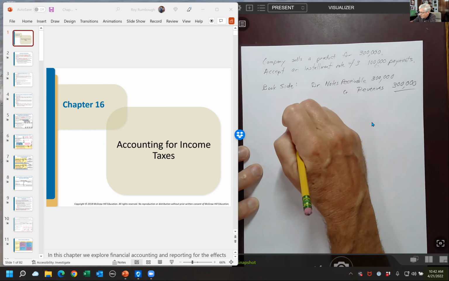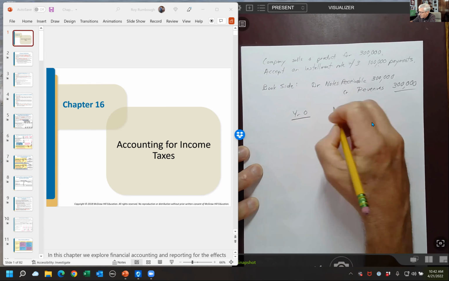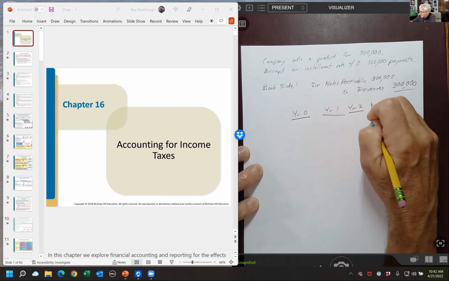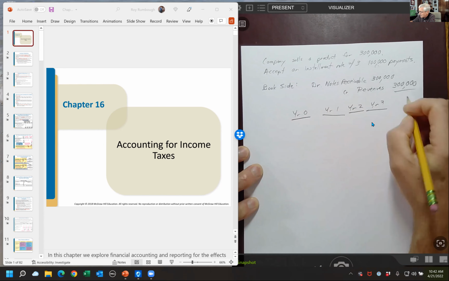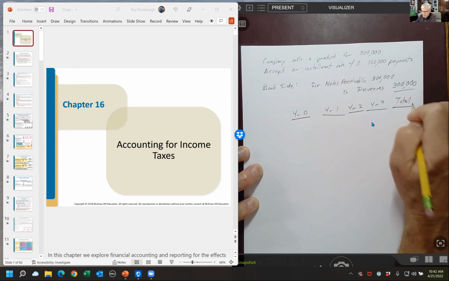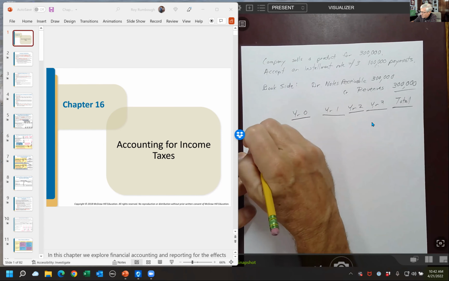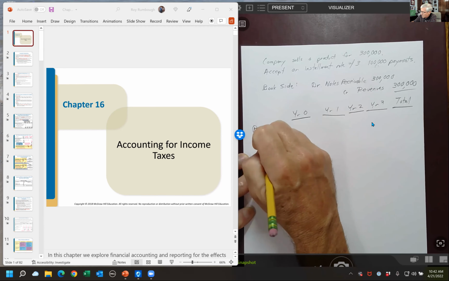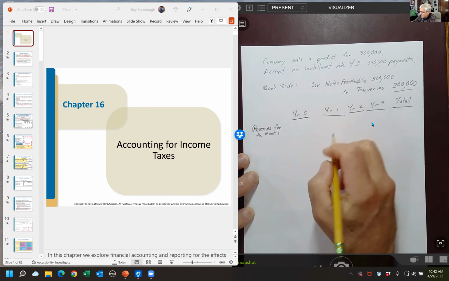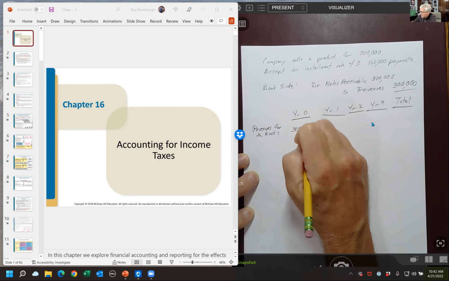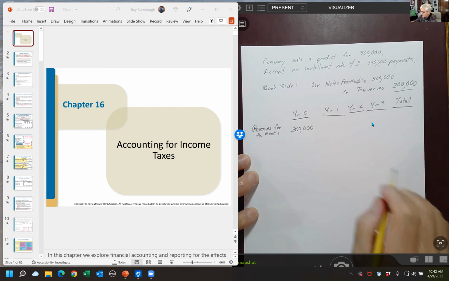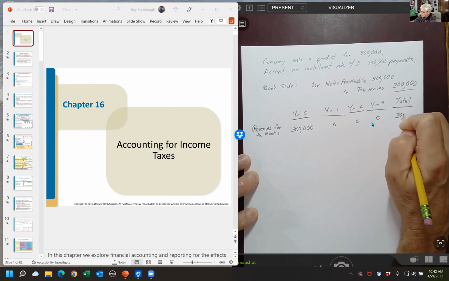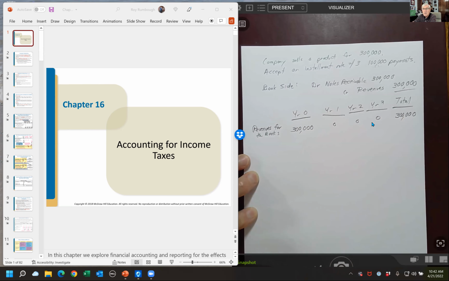So let's just try to look at this. I'm going to call this year 0, and then year 1, year 2, year 3, and then I'm going to look at the total of all these. Revenues for the books: we're going to record right immediately $300,000, and in the future years we're not going to record that.